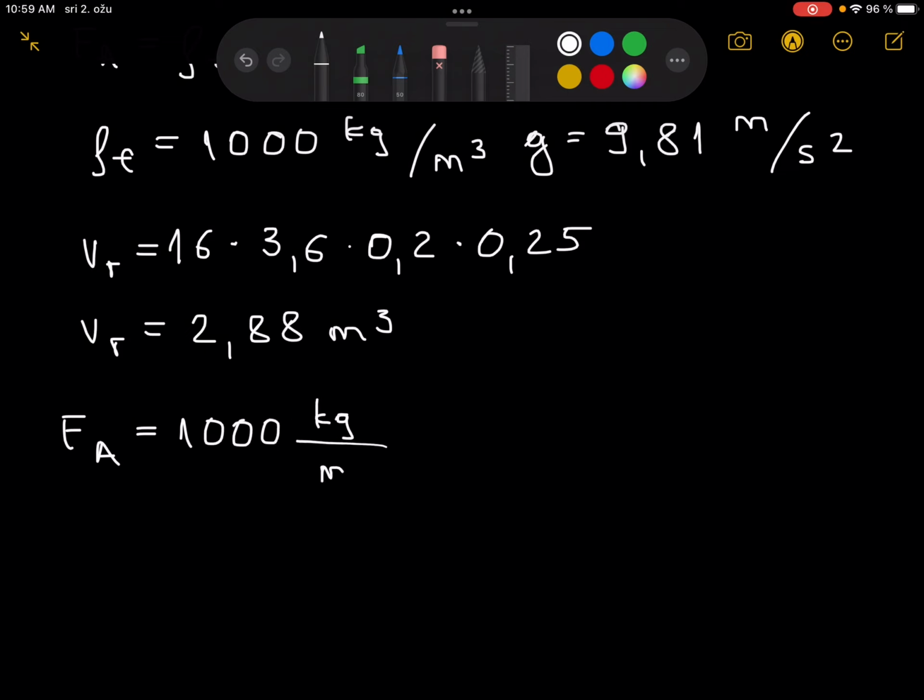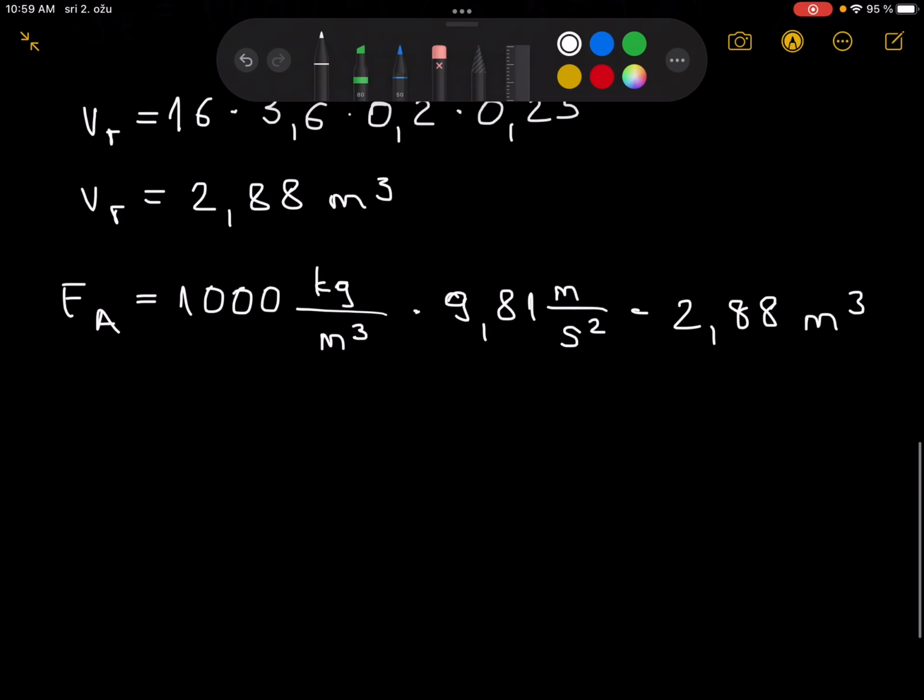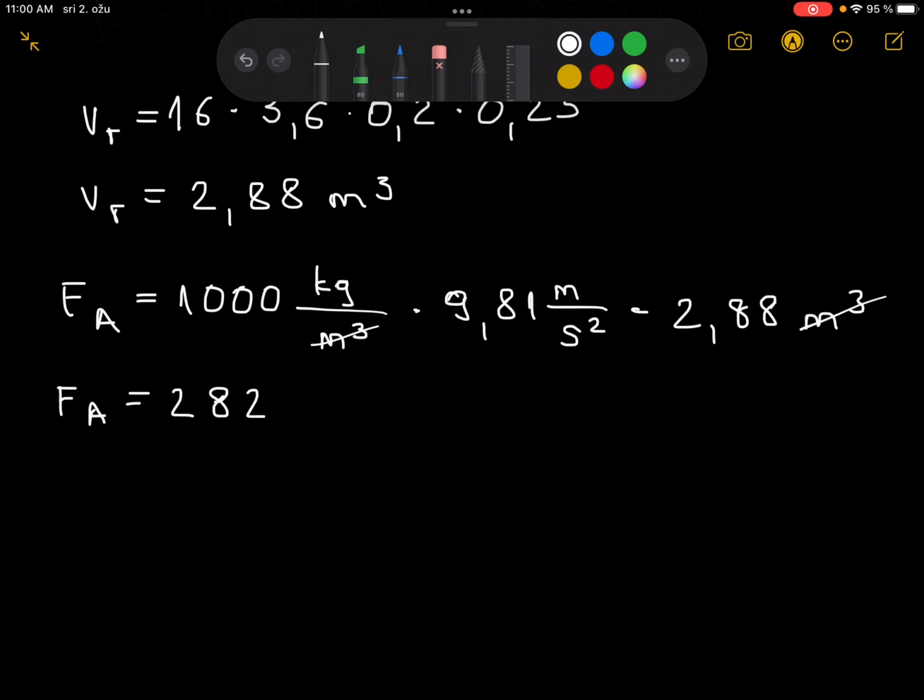Now once we put these values into the equation for the Archimedes force, we'll get 1000 kilograms per meter cubed times 9.81 meters per second squared times 2.88 meters cubed, and meter cubed will cancel each other out, so we're left with 1000 times 2.88 times 9.81, and that's going to be equal to 28,252.8.